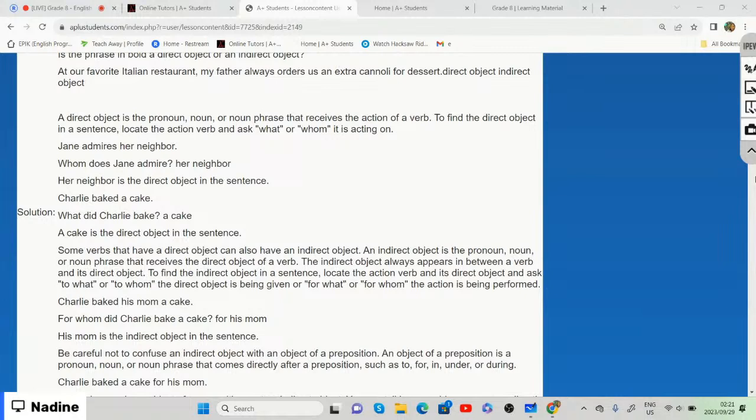So your indirect object needs to appear between the verb and the direct object.